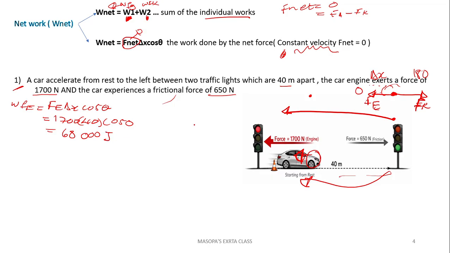Okay. Then let's calculate the work done by friction. The work done by friction will be the friction, the delta x, and the angle between delta x and the friction.